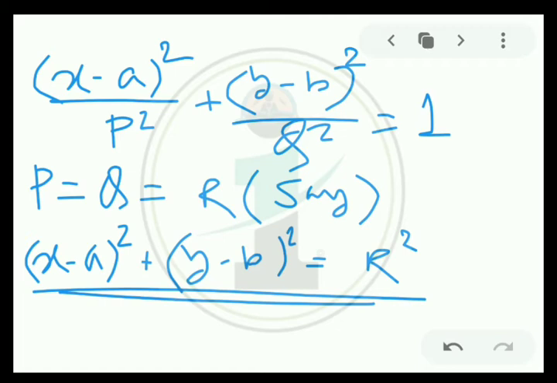Specialization means if the length of the semi-major axis and semi-minor axis are the same, then we will obtain a circle. You can see this video. We will better understand the nature of the ellipse and circle as well.